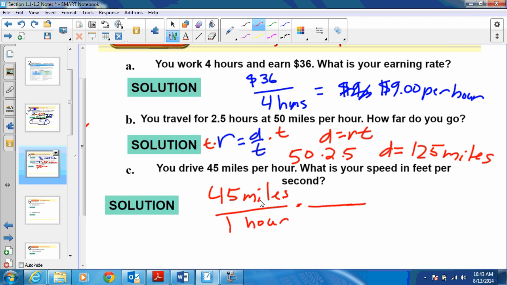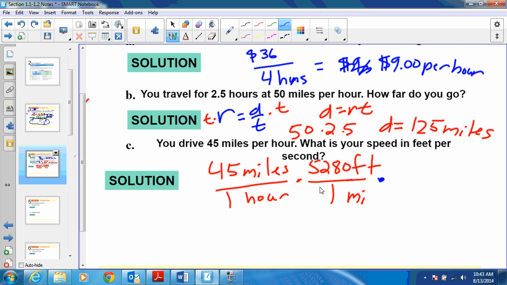Since miles is on top, we're going to put miles on bottom, and change that to feet. So how many feet are in a mile? Well, 5,280. That's one of those you need to start memorizing. Think about Remember the Titans. He makes Petey run that far. Okay, and then hours. Let's do it the long way.